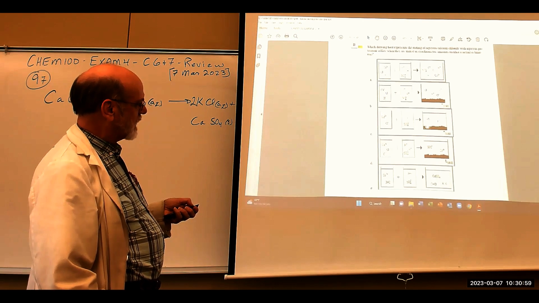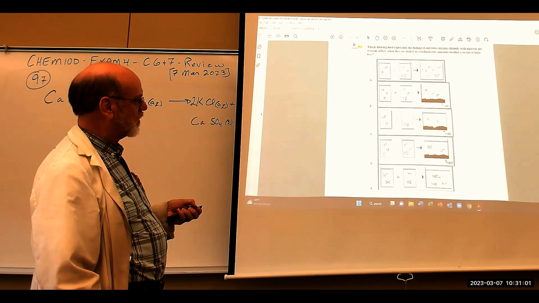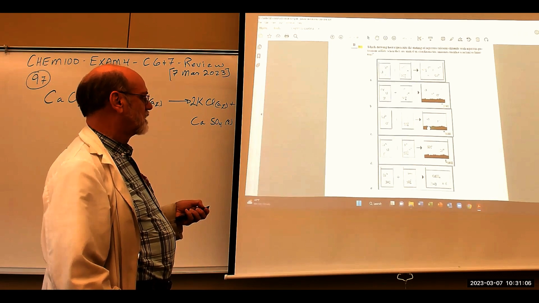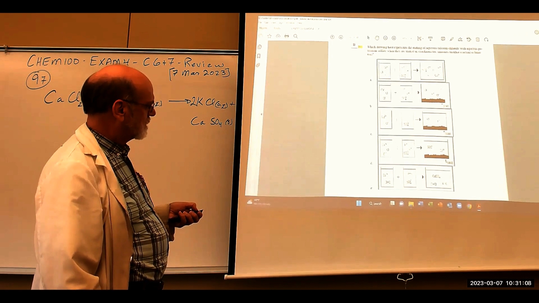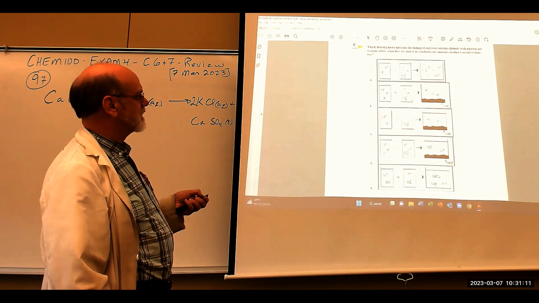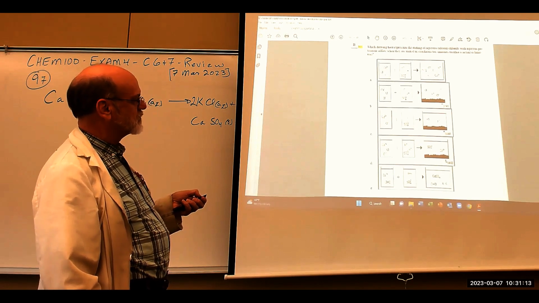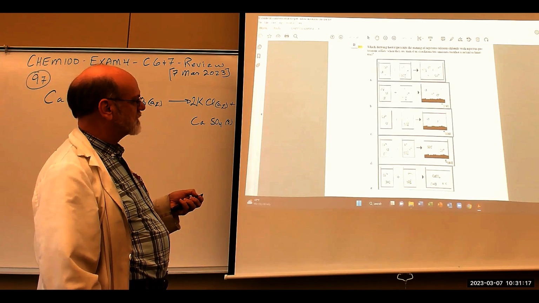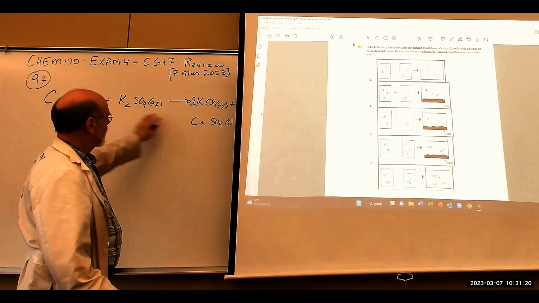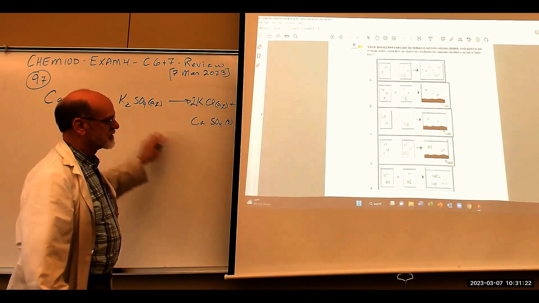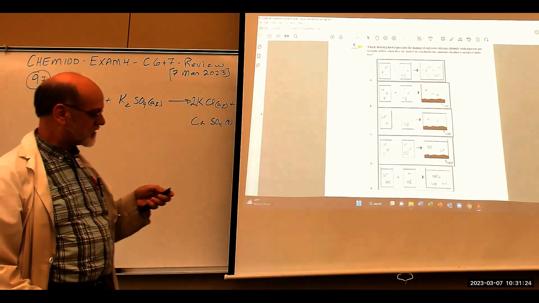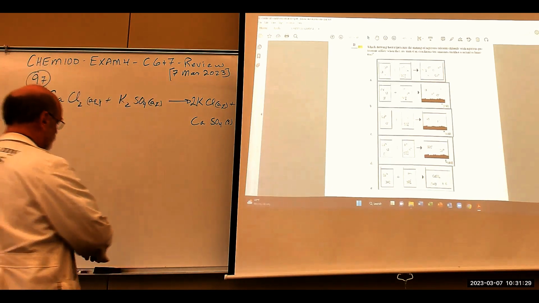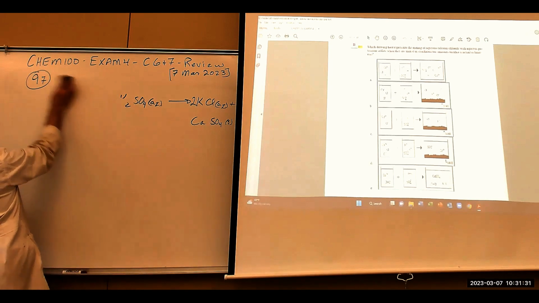Whereas on this one, we only have one potassium and one chlorine. So that one's out anyway. It has to be this one. Two potassiums, two chlorines, one calcium, one sulfate. And that satisfies this arrangement. So the answer has to be B. That's how we decipher that type of problem. Process of elimination.